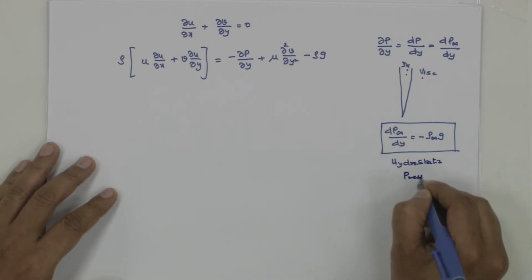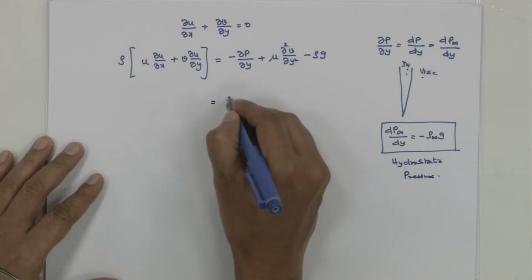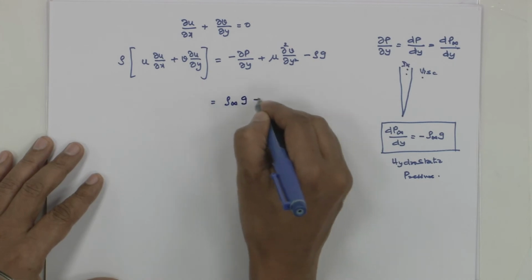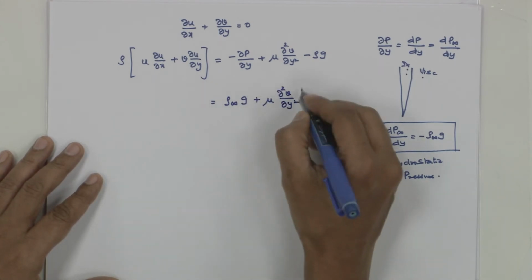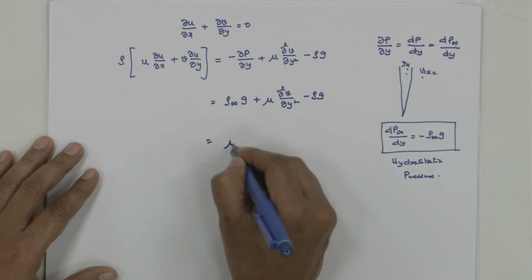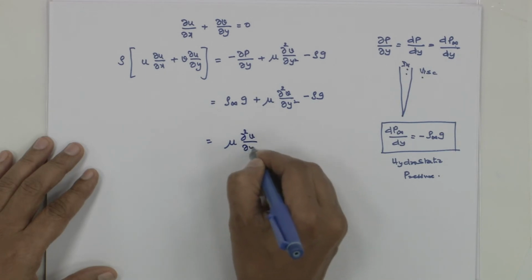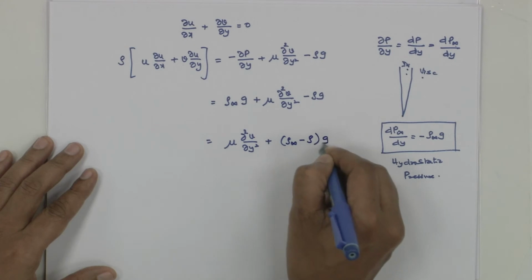You have studied this in fluid mechanics. So you substitute this, you get rho infinity into g plus mu del squared v by del y squared minus rho g, that is equal to mu del squared v by del y squared plus (rho infinity minus rho) into g.